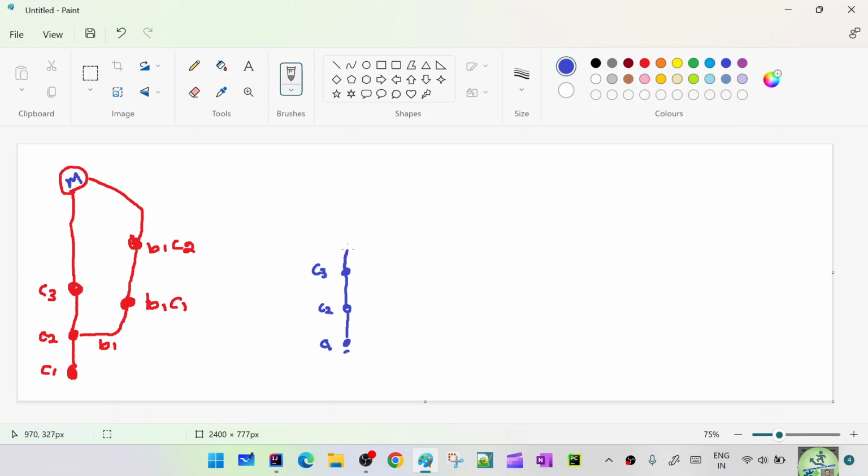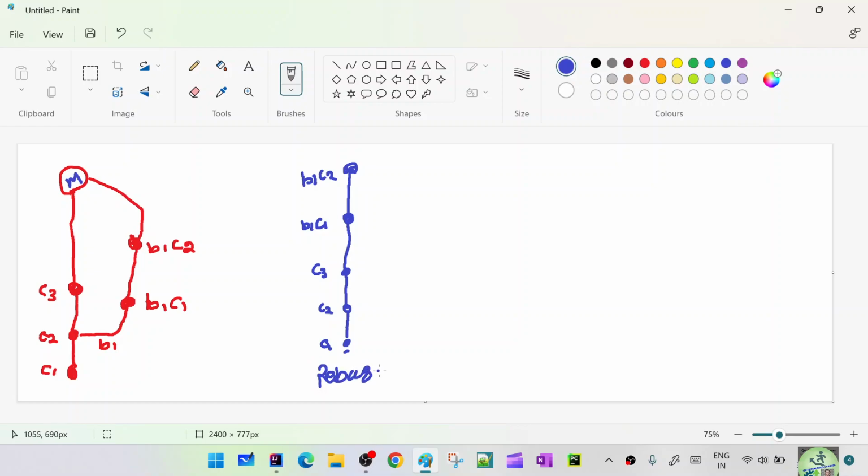Again on top of this you are going to have your B1 C1, and on top of that you can have your B1 C2. All those five commits will be there. There won't be any merge commits, so these individual commits will be placed one after another in a linear fashion. This is the concept of rebasing, which we will see now.